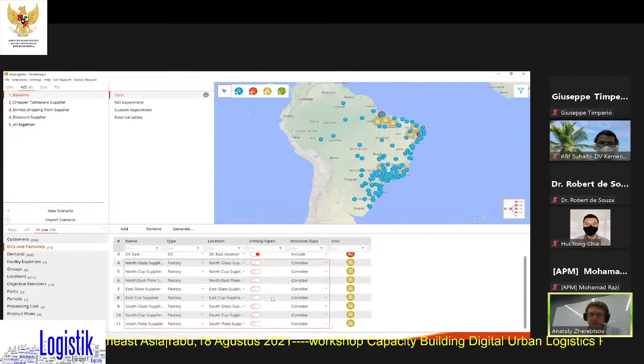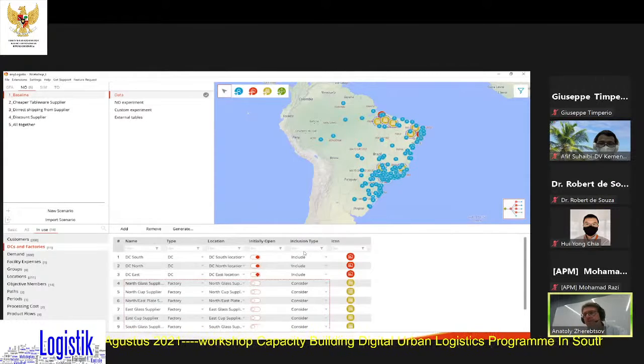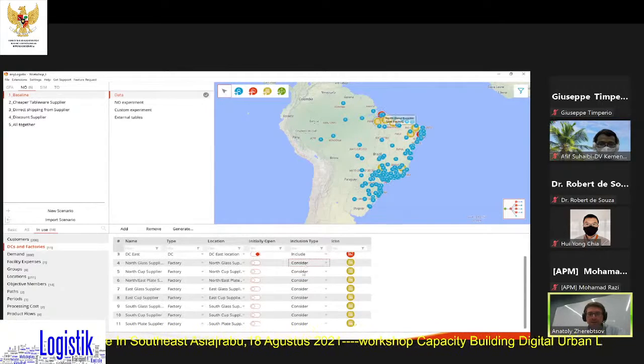So you can see that inclusion type for distribution centers is include, and that means that optimizer cannot include or cannot exclude these facilities from the solution. But it has certain flexibility in selecting suppliers, because we have consider option defined in this table.